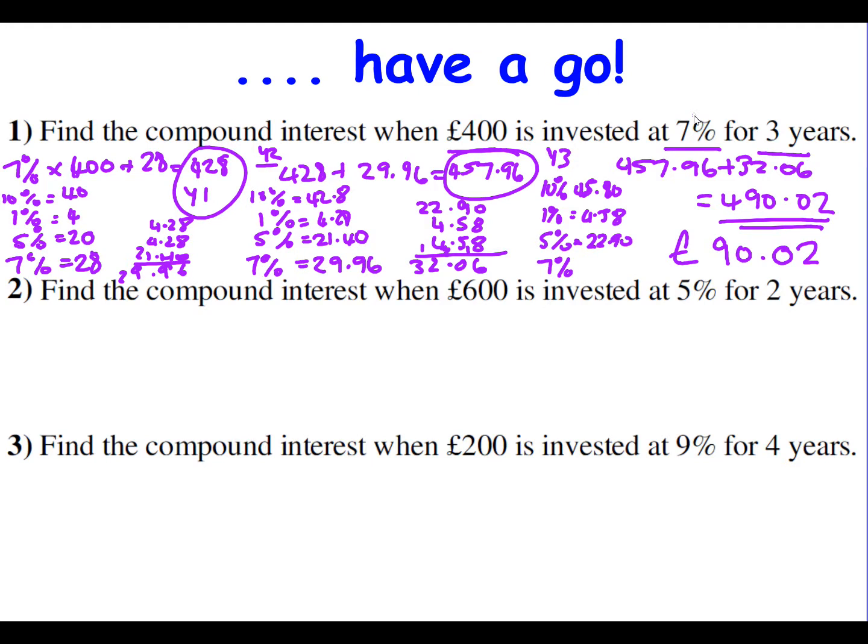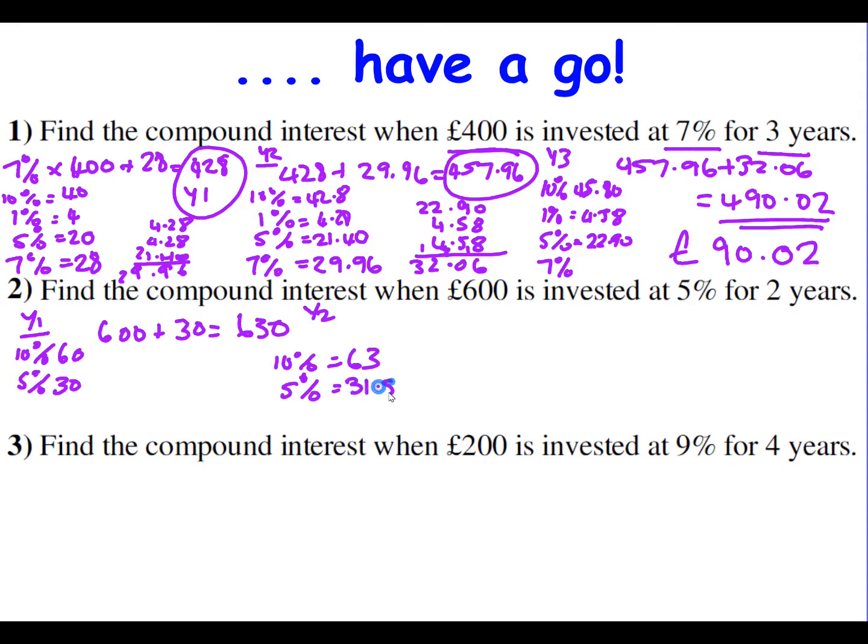Let's do the same with question 2. Try and do it a little bit quicker because it's over 2 years. So the interest over 2 years is £61.50.